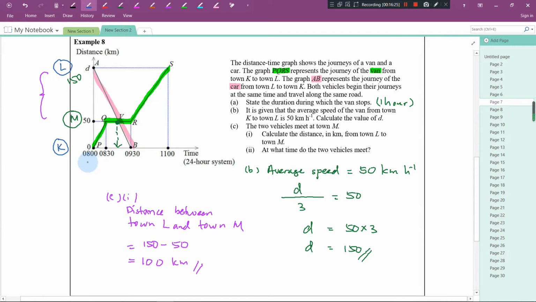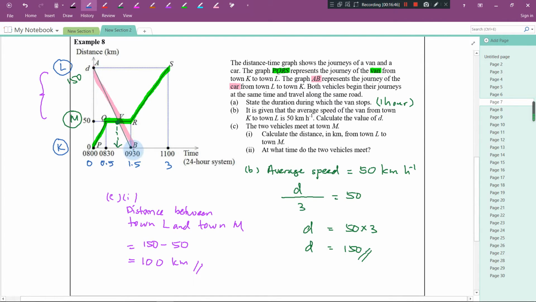So this I let it be 0. And then after half an hour, 0.5. After 1 hour, 1.5 hours. And this is after 3 hours. Okay, so now I can get the coordinates here.